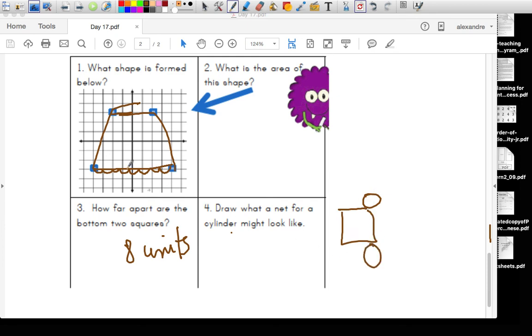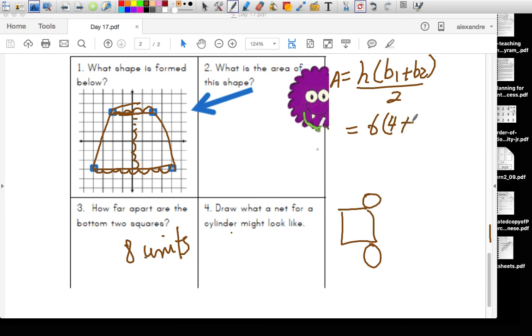Okay. And let's do the area of the trapezoid. Area equals H times B1 plus B2, divided by 2. The height is, let's see from here, 1, 2, 3, 4, 5, 6. B1 is this distance from this square to this one, so it'll be 1, 2, 3, 4.